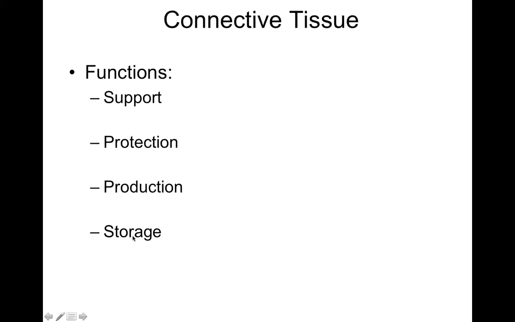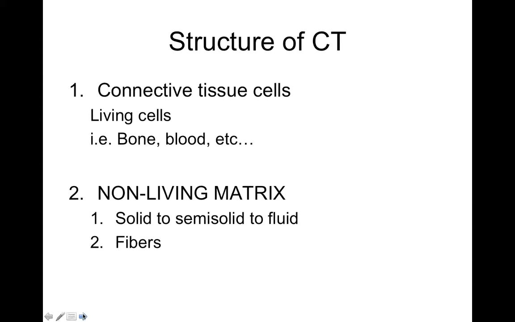And storage: the yellow marrow in our bones stores lipids. Bone marrow also produces white blood cells, which function in protecting us from disease. So the functions are support, protection, production, and storage.